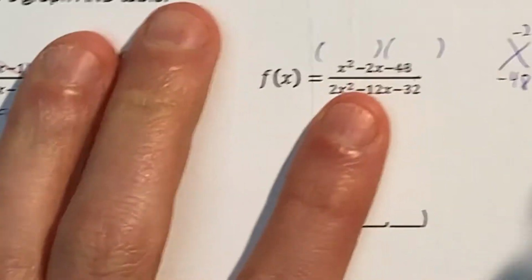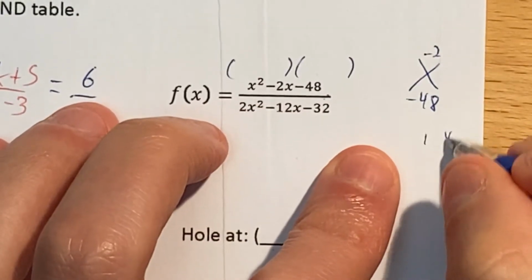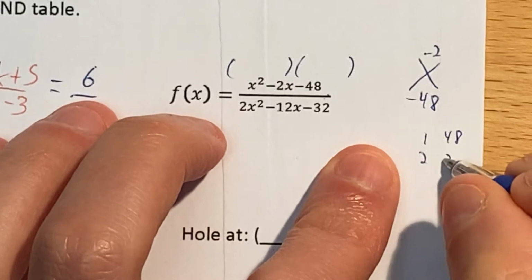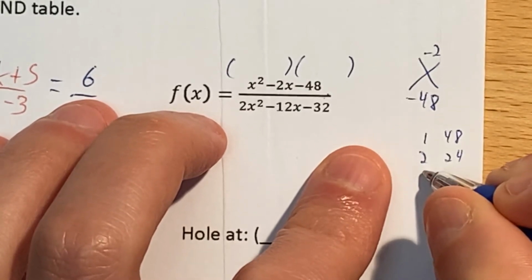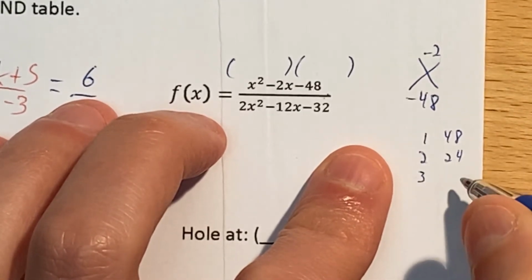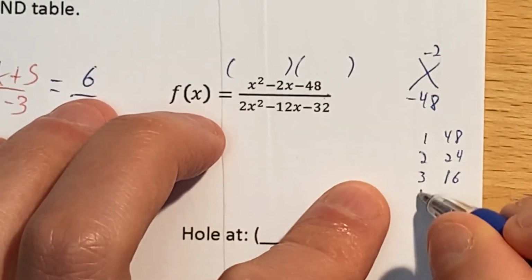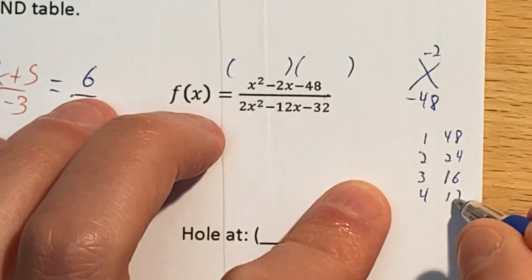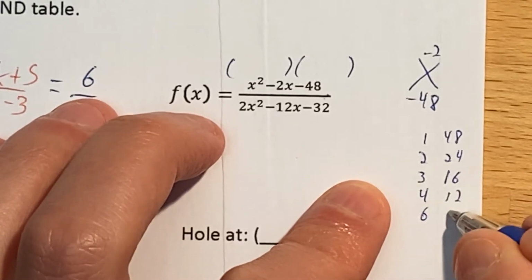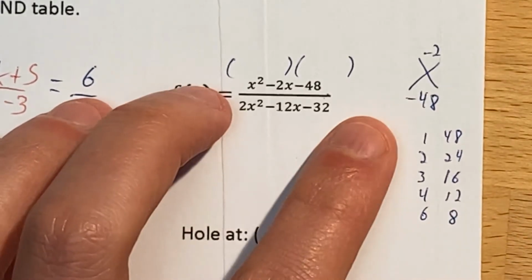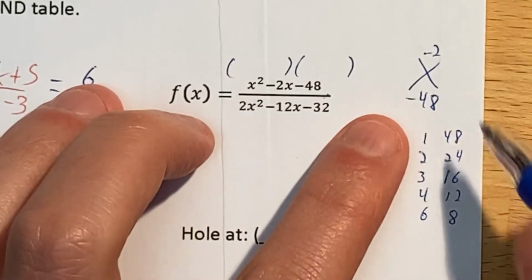I don't know. 1 and 48 maybe. 2 and 24. 3 goes into it, let's see, 16 times. 4 goes into it 12 times. 5 does not. 6 goes into it 8 times. And that's everything that multiplies to 48.